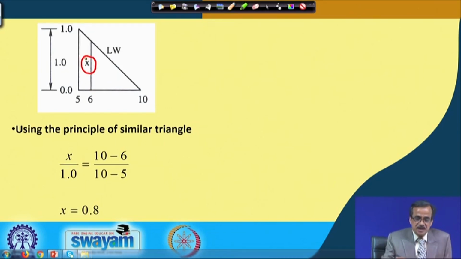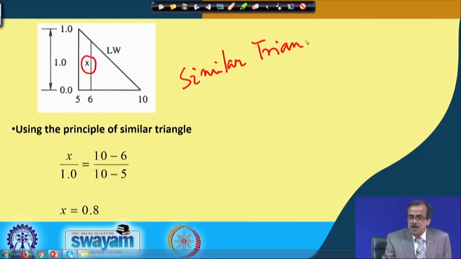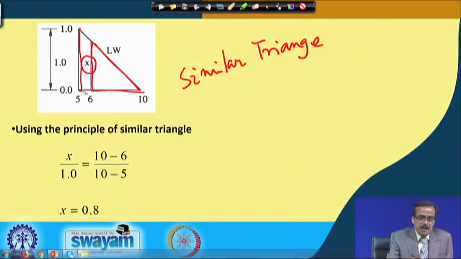Now, as we have already discussed, once again we are going to use the principle of similar triangles. So, I can find out the value of x. For example, this particular triangle is similar to this triangle, that means this angle is equal to that particular angle, and this angle is the common angle.